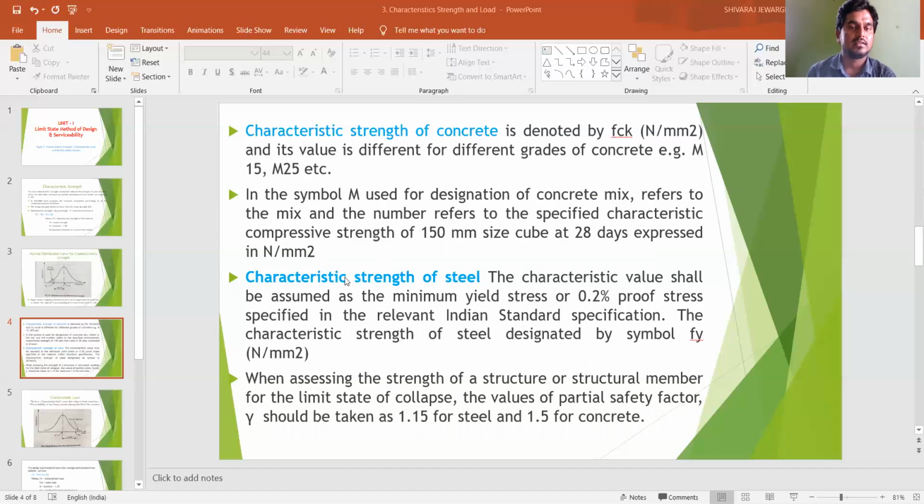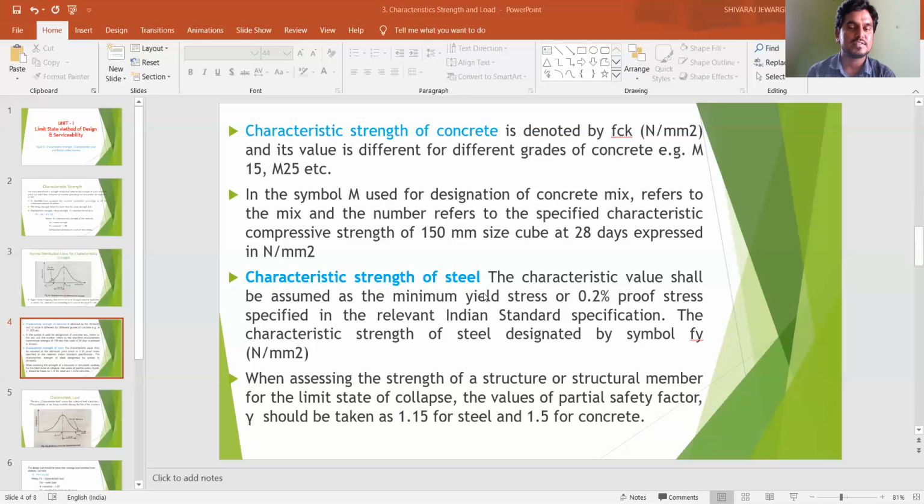Similarly, for the characteristic strength of steel, this value shall be assumed as the minimum yield stress, or 0.2% proof stress, specified in the relevant Indian standard specifications.